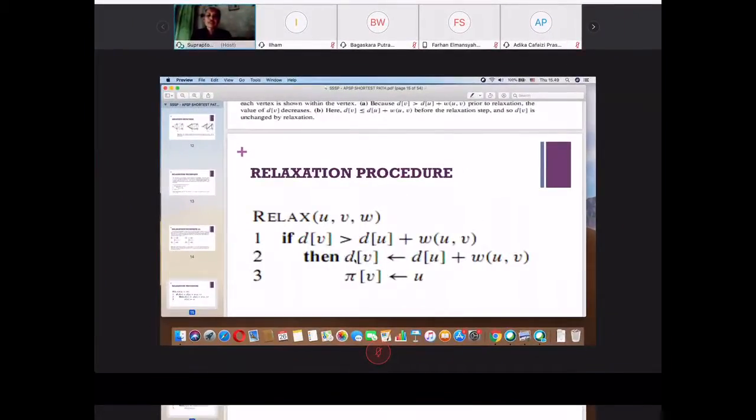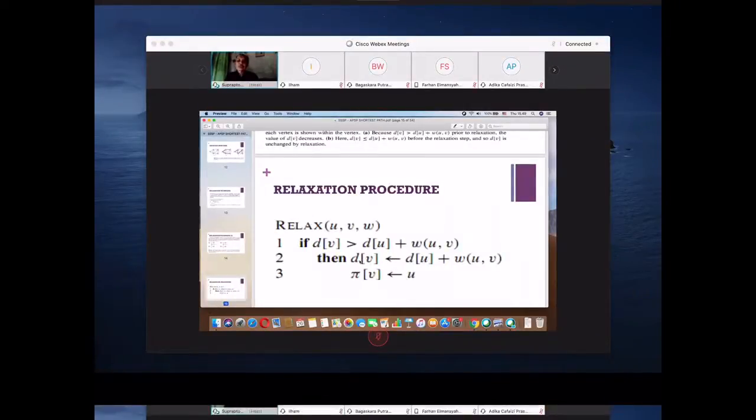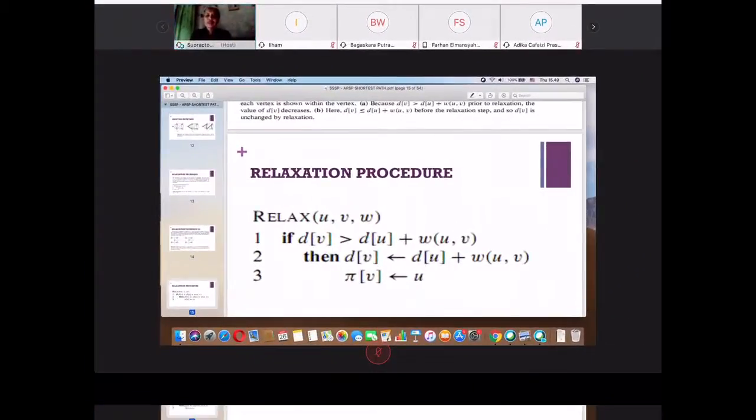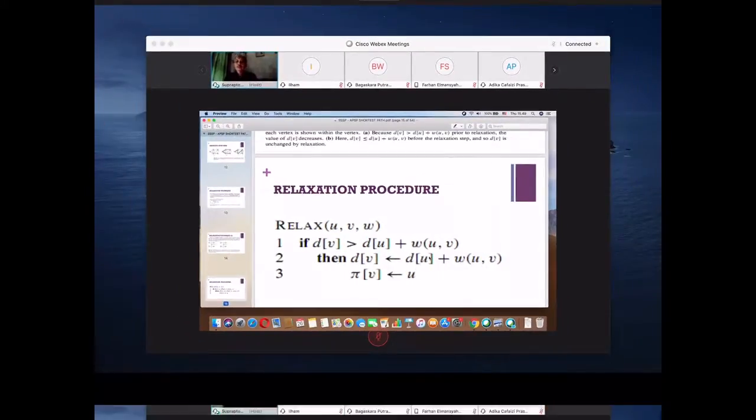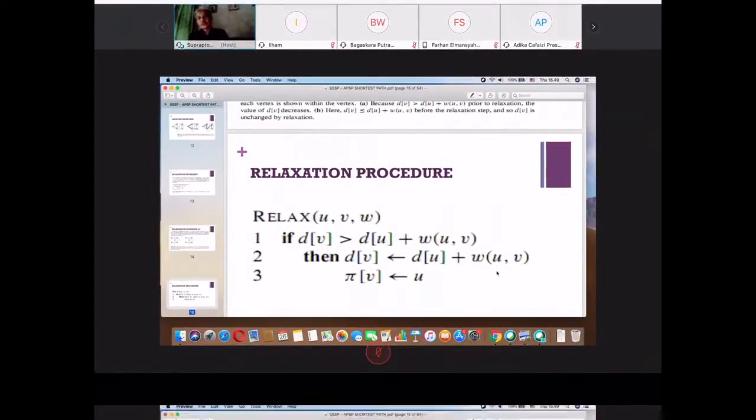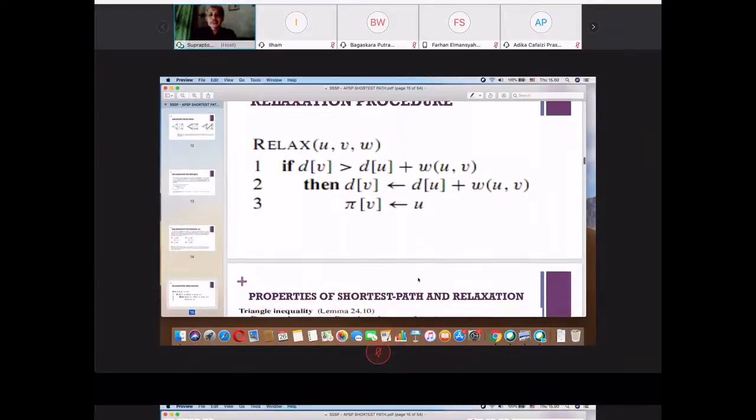This is the new value of the shortest path estimate of V, set to the summation of the estimate of U and the weight of the edge from U to V. And by this, you also have to update the value of the predecessor of V by this. Is it clear?